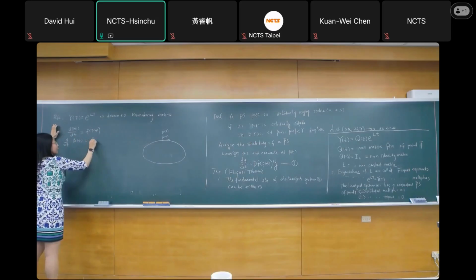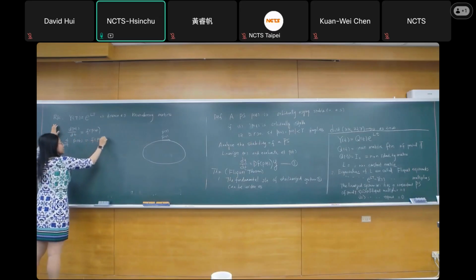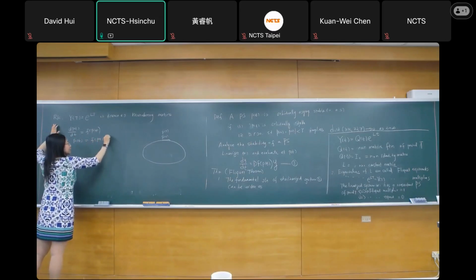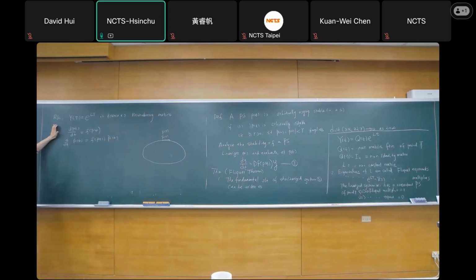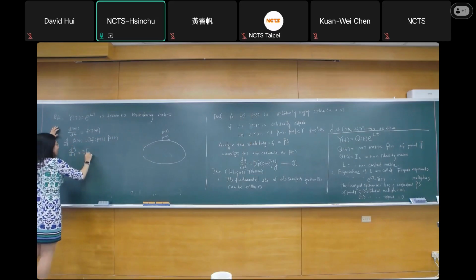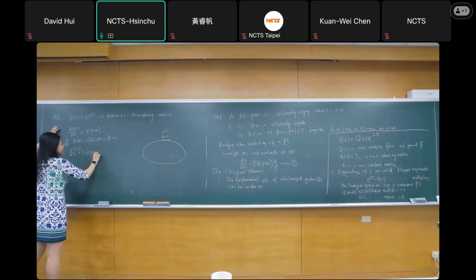What do you get? You get f prime of P(t) times dP/dt is P double dot, right? This is the chain rule. So this is exactly what satisfies the linearized system dY/dt equals the Jacobian times Y. So this is exactly the linearized system 3. P dot satisfies that.